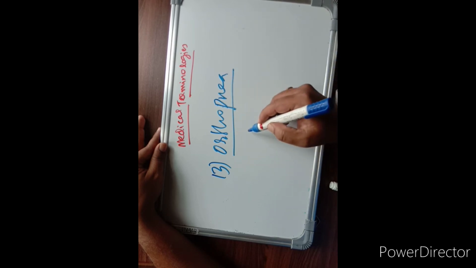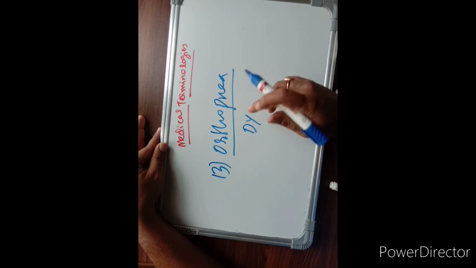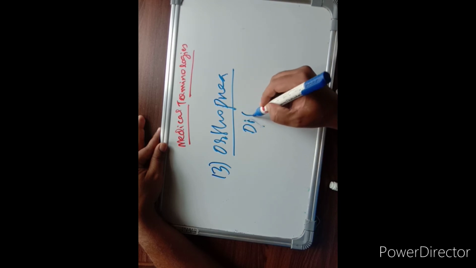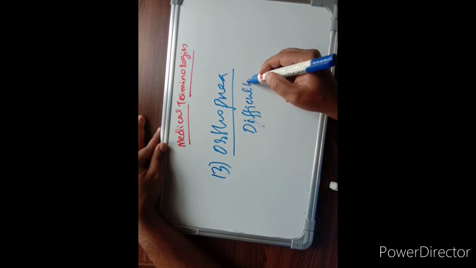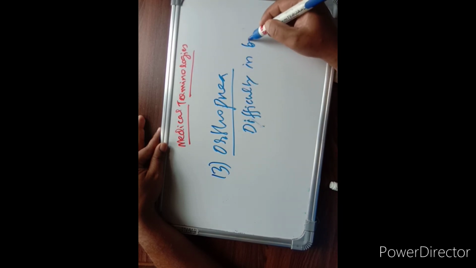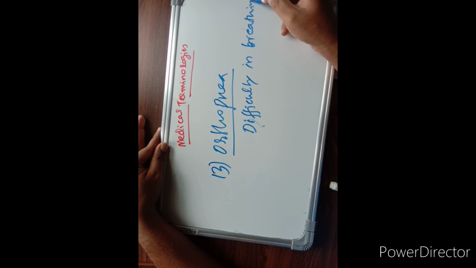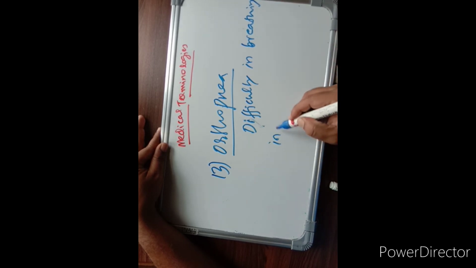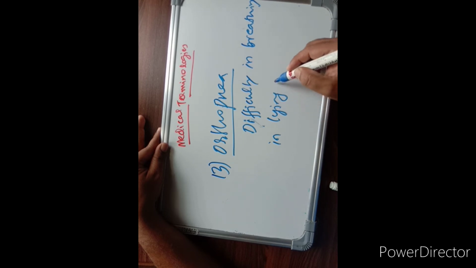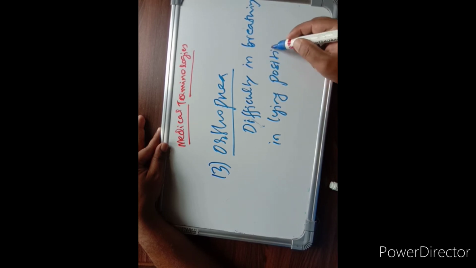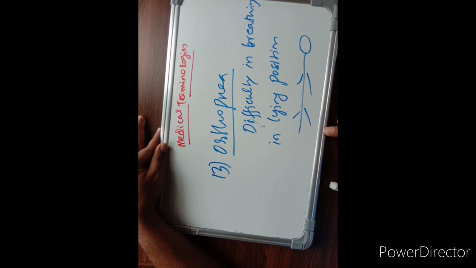Orthopnea means difficulty in breathing in lying position. The patient will have difficulty in breathing in lying position. Whenever the patient lies down on the bed, the patient will experience difficulty in breathing.